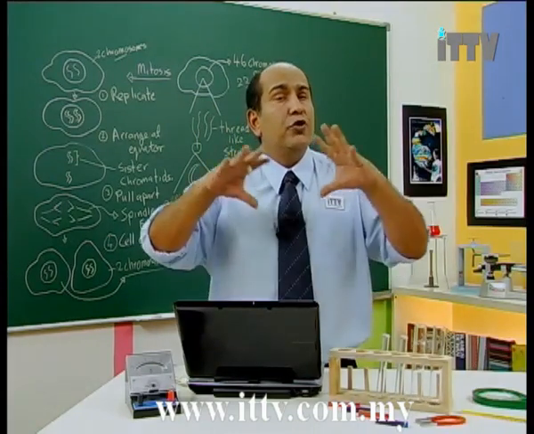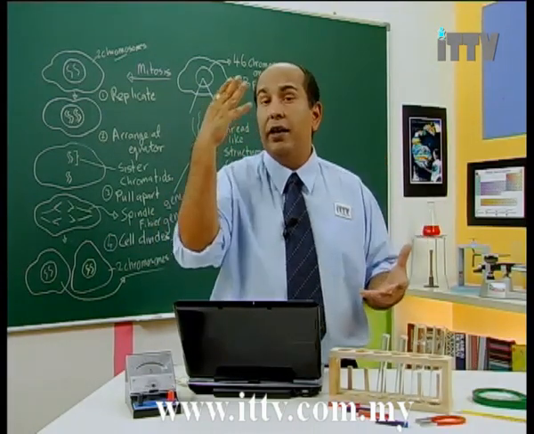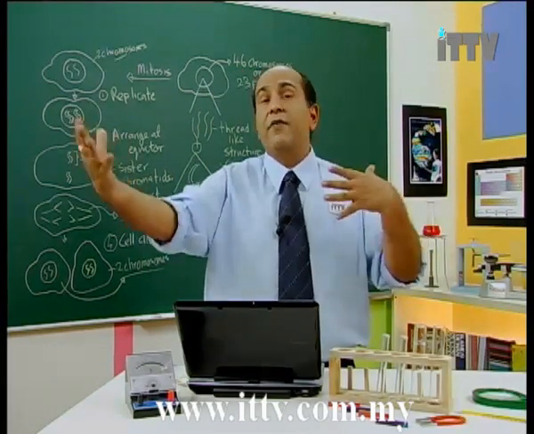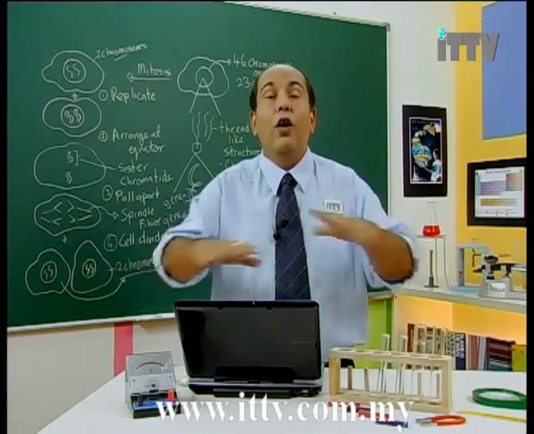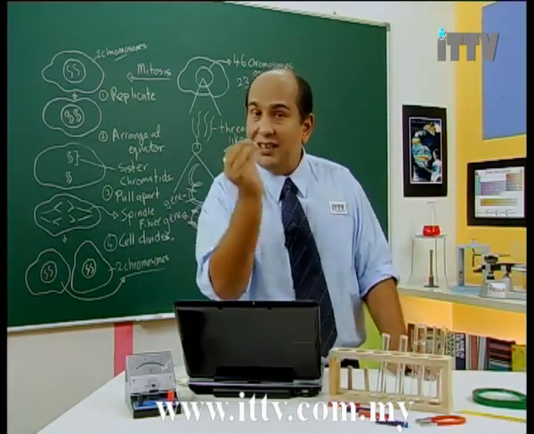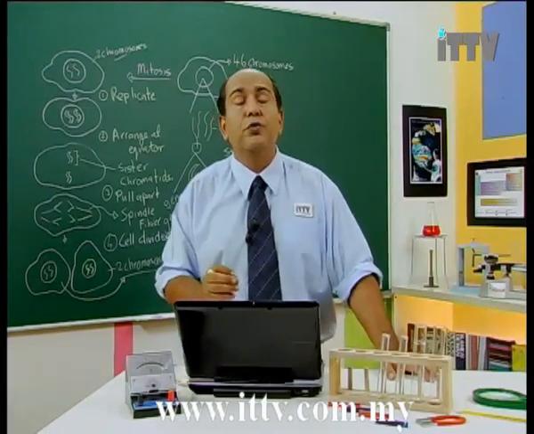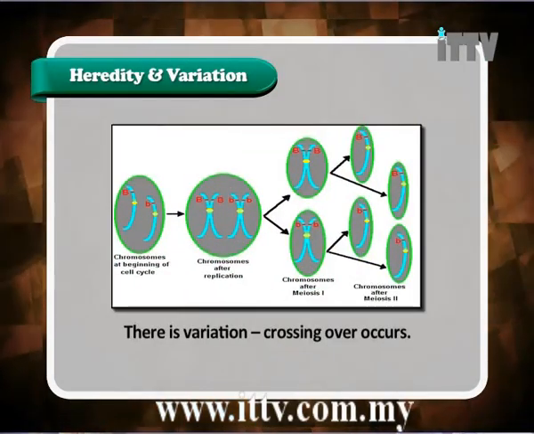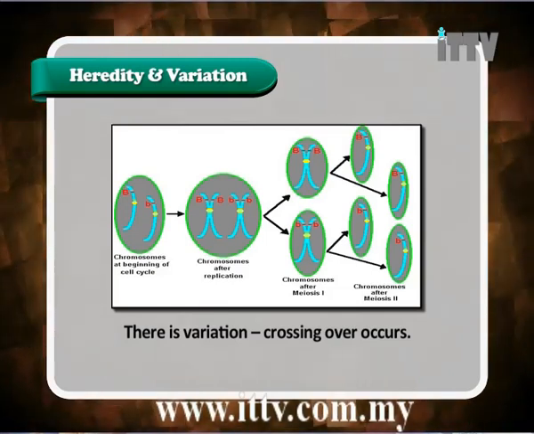So it means the chromosomes become different, which is why you, me, your brother, your sister, your father, your mother, your grandfather, granduncle, grandaunty all look different. We have variation that is the result of chromosomes crossing over. There is variation. Crossing over occurs.